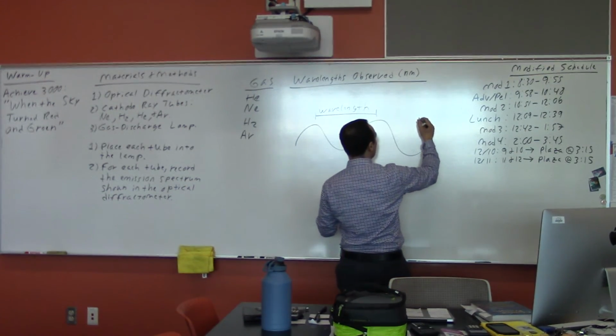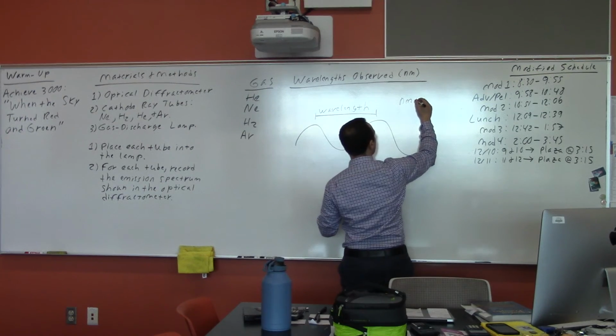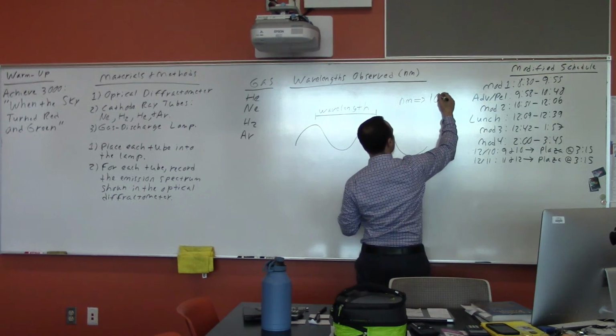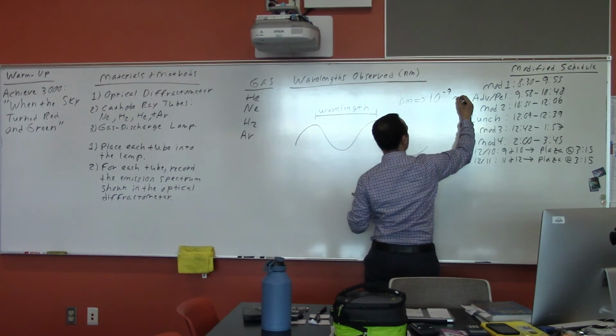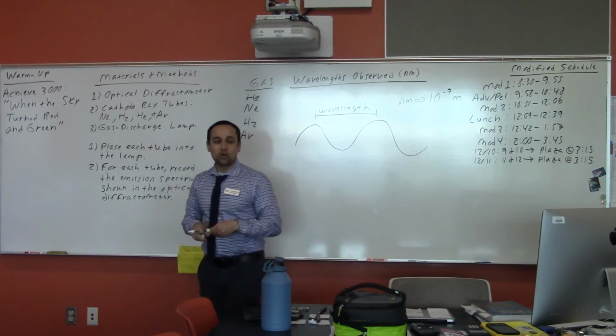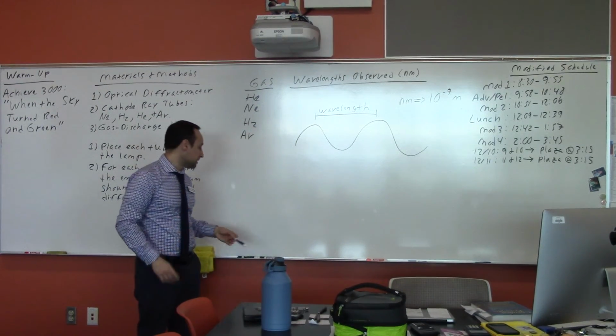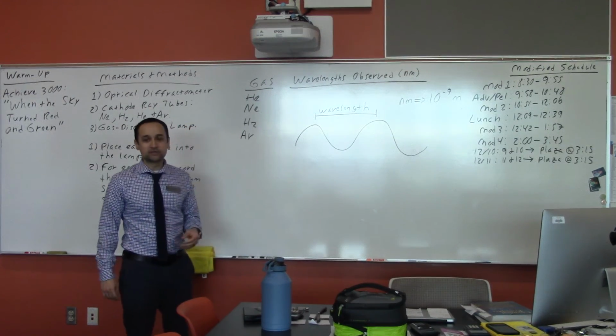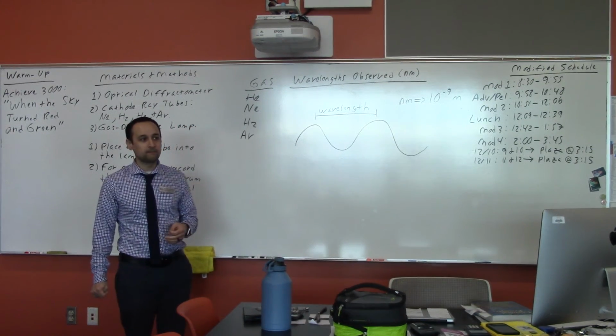And what you also can know is that nanometer means 10 to the negative 9th meters, okay? So that's 1 meter divided by a billion. So nanometers are billionths of meters, okay?